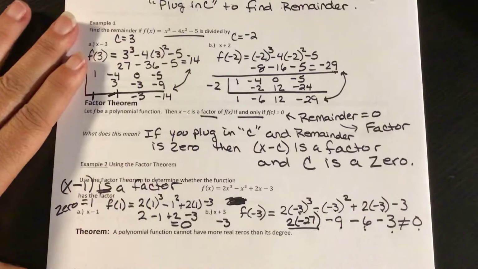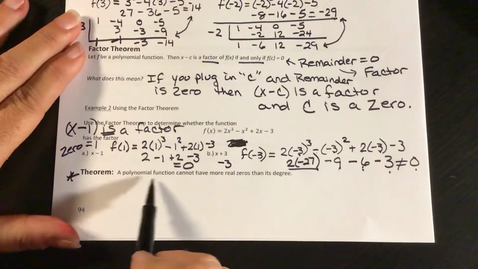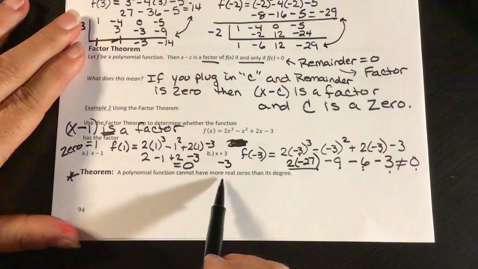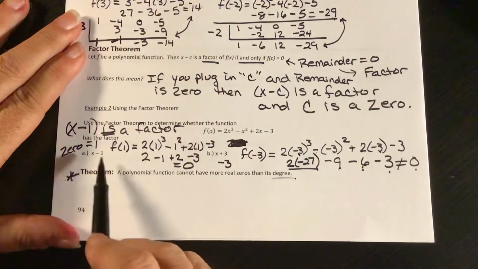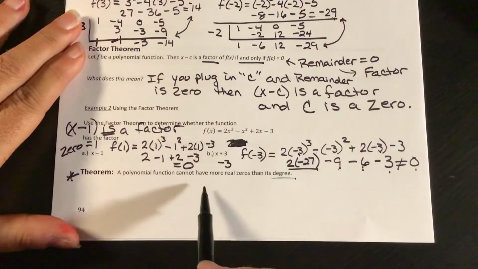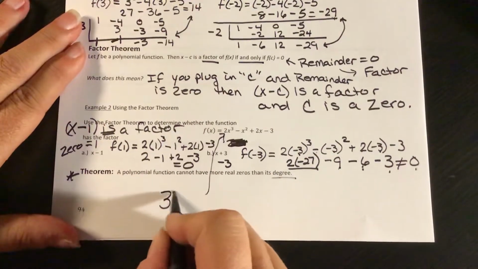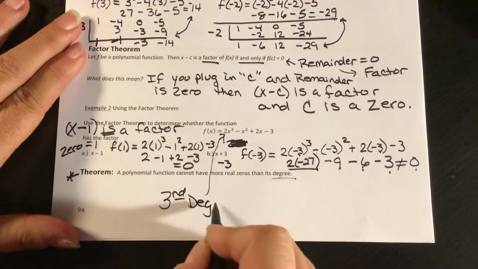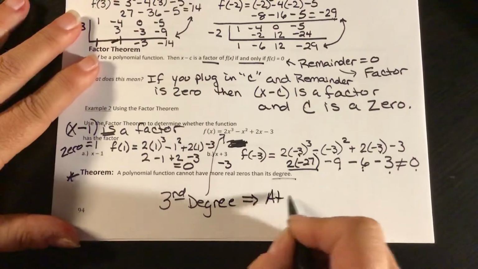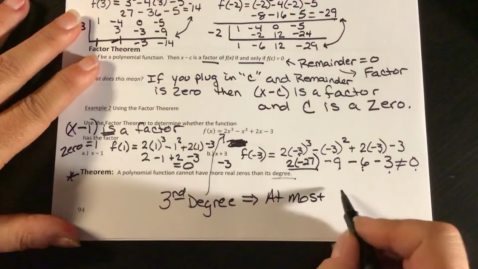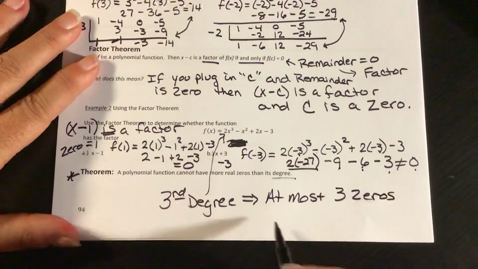Here's another theorem. It says a polynomial function cannot have more real zeros than its degree. So if I look at this function up here, this function is a third degree, and that means it can have at most 3 zeros that are real numbers.